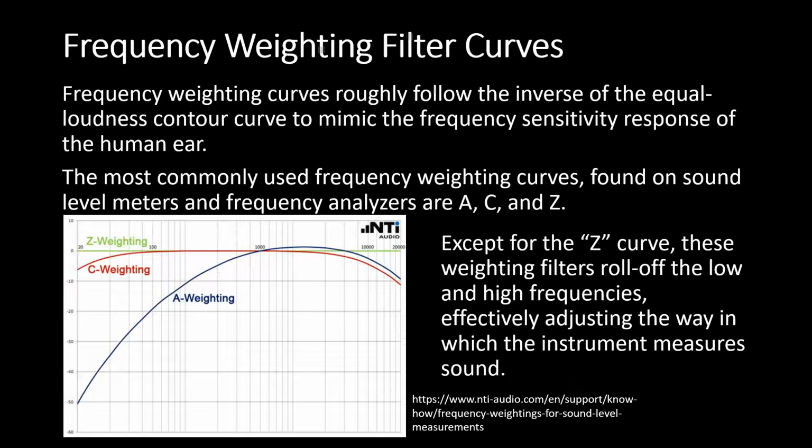So you'll often see the levels in dB/SPL-A, which is applying this filter to the measurement so it mimics human hearing instead of the Z weighting or zero weighting, which is the actual sound the instrument is picking up.